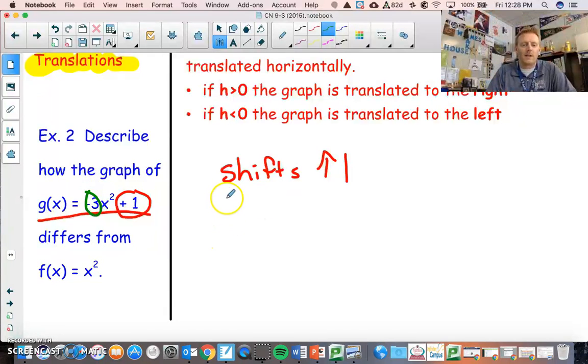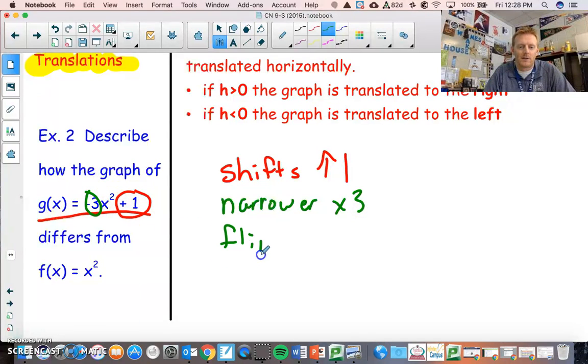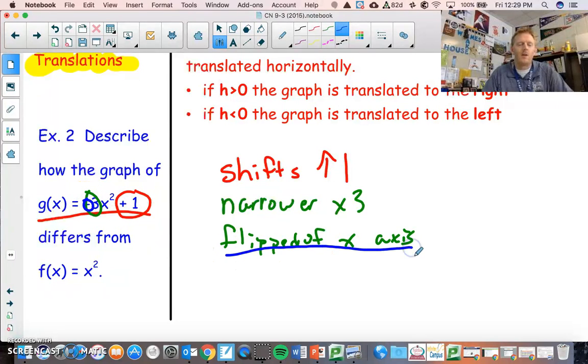So we have a narrower graph, narrower by 3, and then we have it flipped over the x-axis because it's a negative 3. That negative tells us that we're going to flip it over. So those are the 3 things that we're describing, and that's just us being able to name these things based off of how it looks. If you were to graph these things, you would then see all of those different things taking place based off of how it would normally look as a parent function.